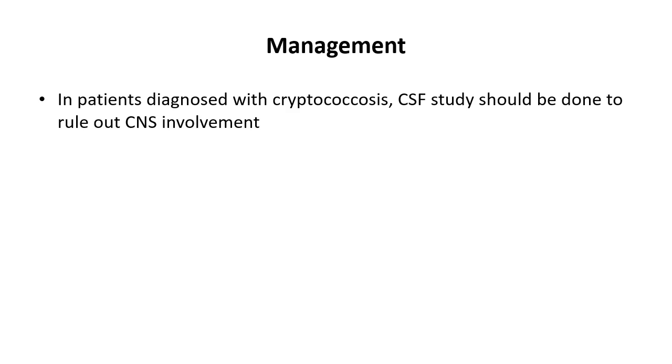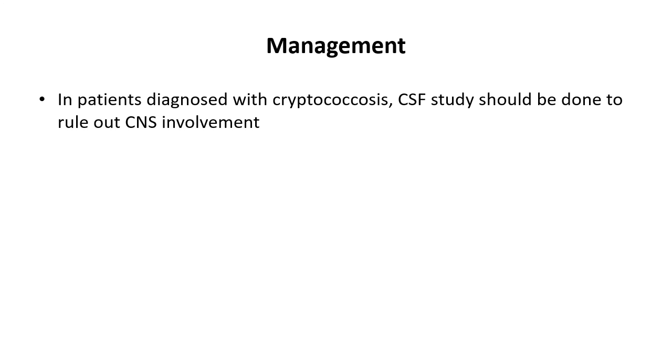Operative intervention is rarely needed in patients suffering from cryptococcus infections of the spine. However, all patients with such an infection should undergo lumbar puncture to rule out CNS involvement because of the high rate of CNS infections in patients with disseminated cryptococcosis. Treatment of cryptococcosis differs depending on the patient's HIV status.